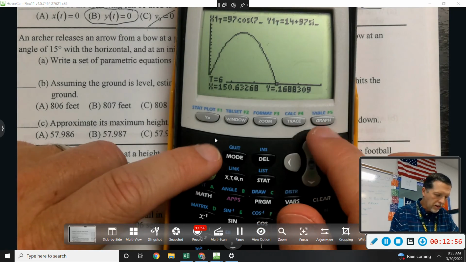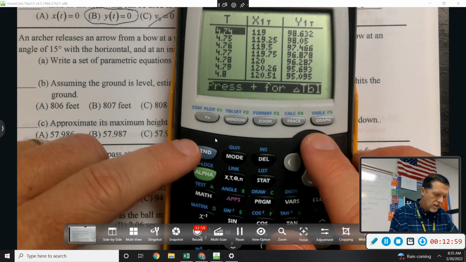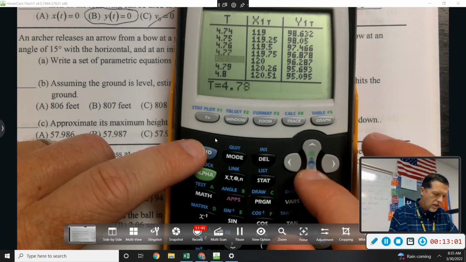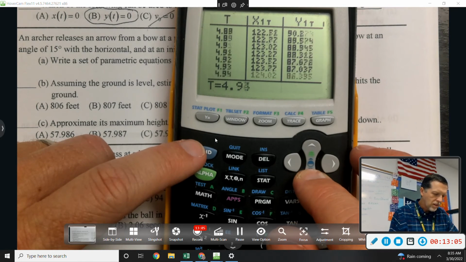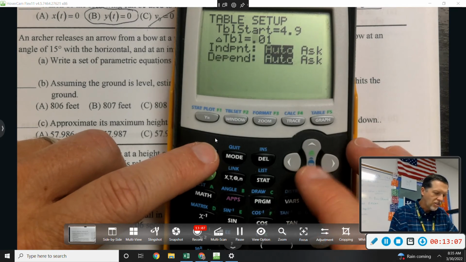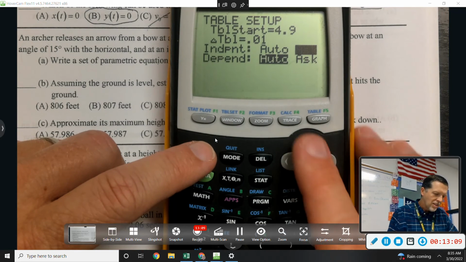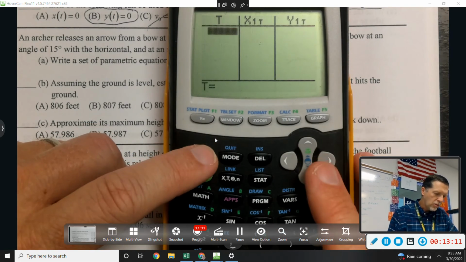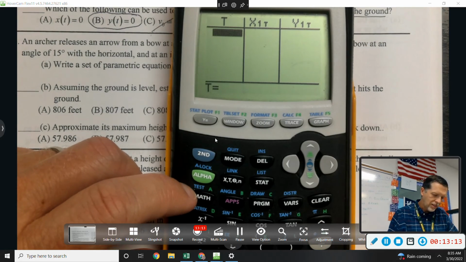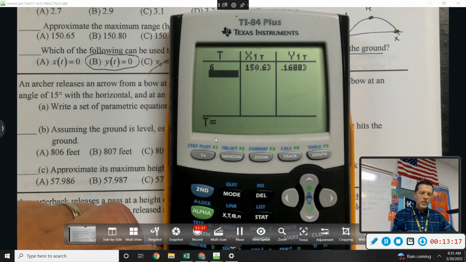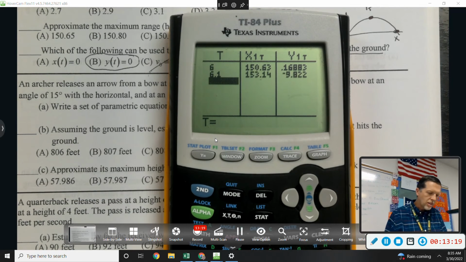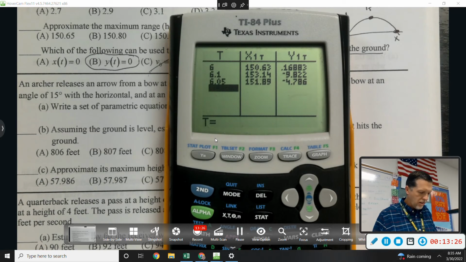Okay, so now I'm going to go to table. This is going by 0.01, and this can take forever. Let's change it to ask. Then table, and we said about 6. And we're searching for y to be 0. 6.1. Okay, well, we're in the ballpark here. 6.05. 6.01.